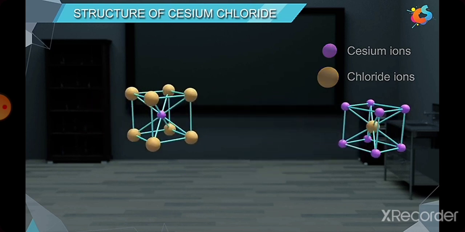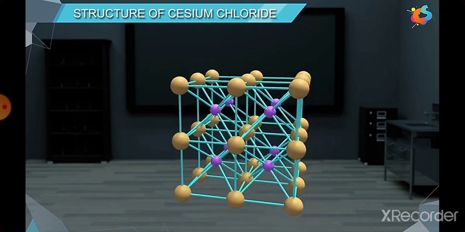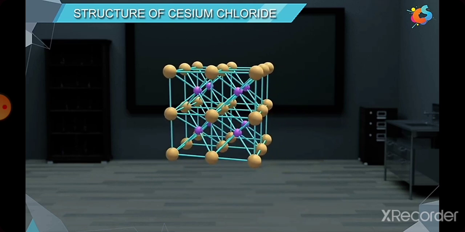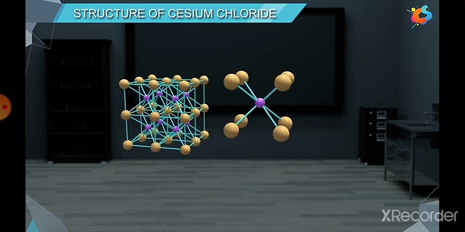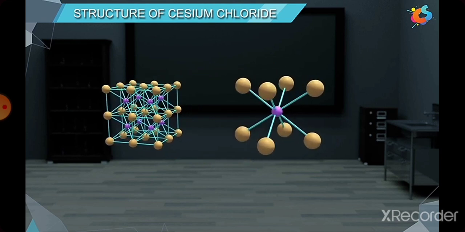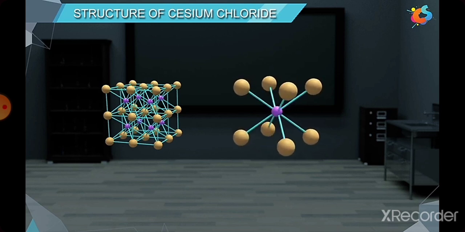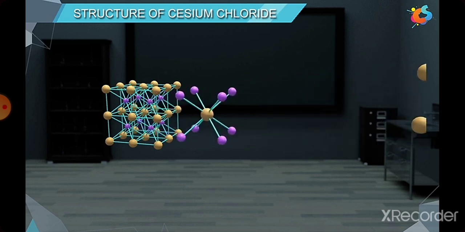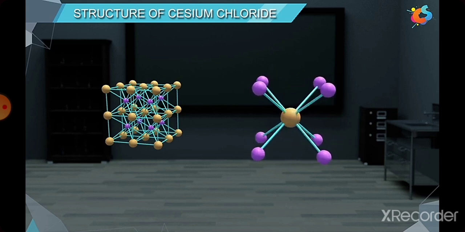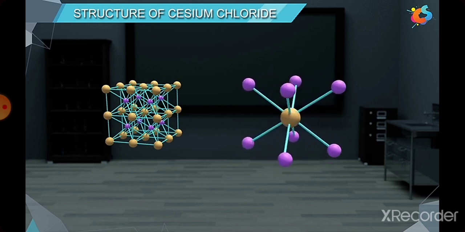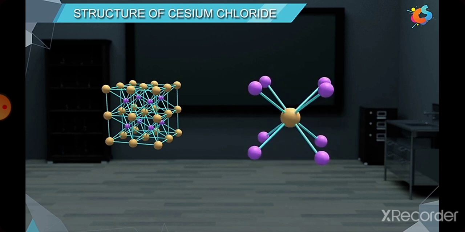If we consider the first structure, in which chloride ions occupy the corner positions, while cesium ions occupy the center of each cube, then we will notice that each cesium ion is touching 8 chloride ions, and each chloride ion is touching 8 cesium ions. So, the coordination number is 8.